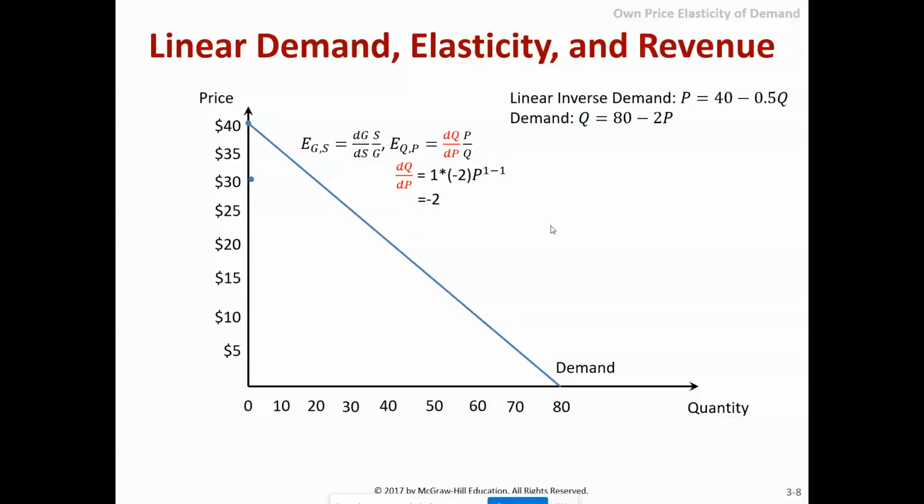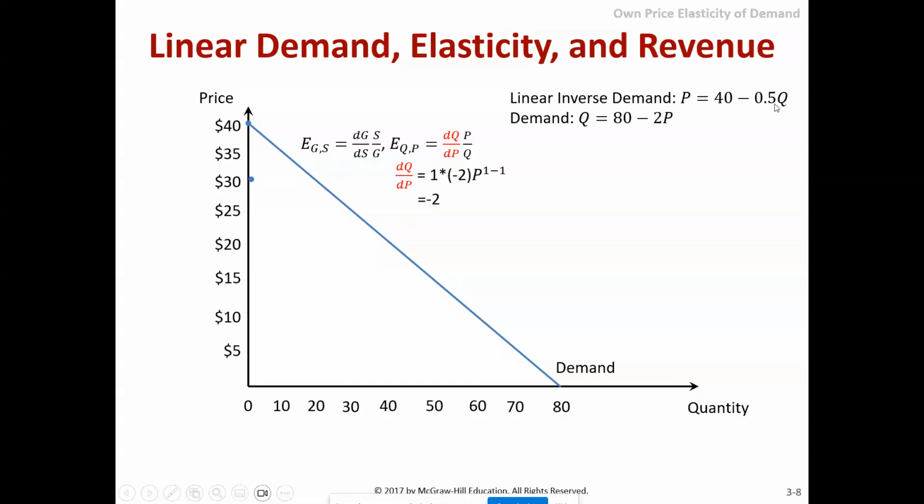And here I want to introduce more about the calculation of the elasticity coefficient of demand. If we have a demand function written with price by itself on the left-hand side, we call this the inverse demand relationship.